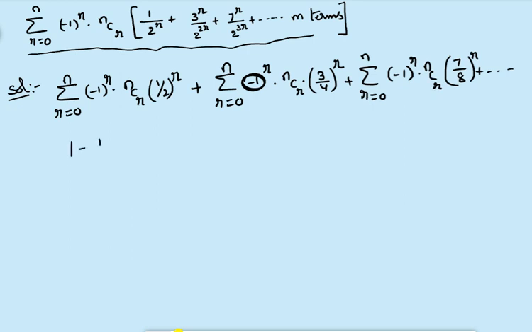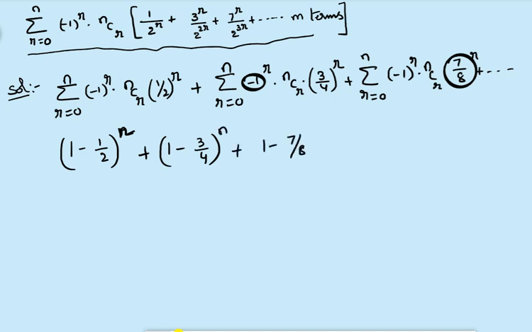Now this is the expansion of (1 minus 1 by 2) whole to the power of n, right. Next one is the expansion of (1 minus 3 by 4) whole to the power of n. Again the next one is the expansion of (1 minus 7 by 8) whole to the power of n, plus and so on.